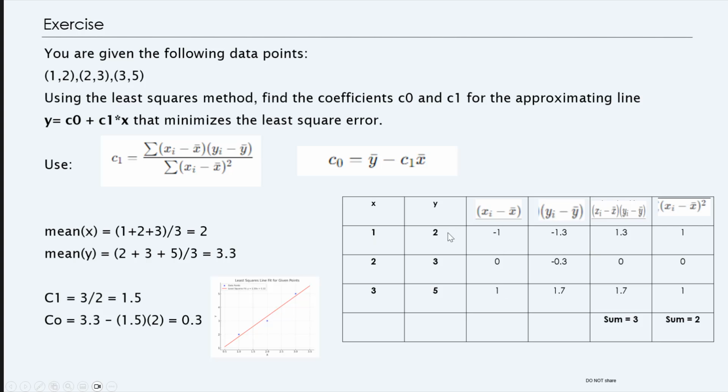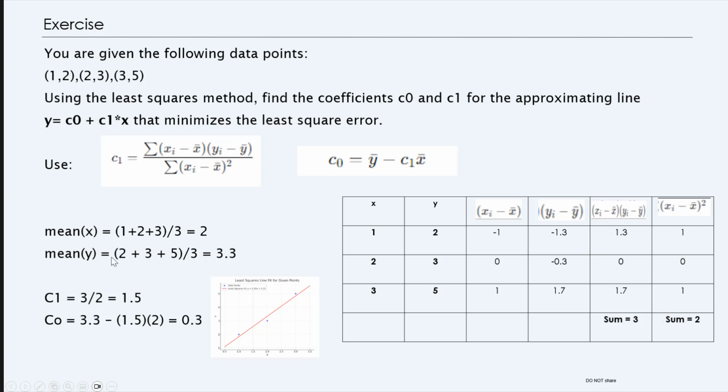Same thing here: you take each y and subtract the mean, 3.3 for y, so 2 minus 3.3 is minus 1.3. We do the same thing for all the points, and then we multiply these two columns, and then we take the square of the xi minus x bar column, so that's minus 1 squared, 0 squared, and 1 squared.